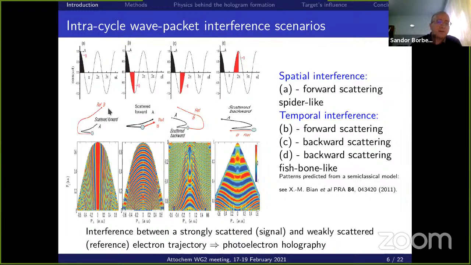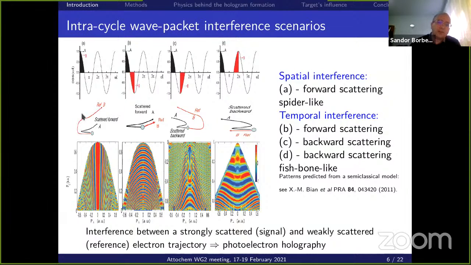In the continuum, these two trajectories may interfere, and this leads to a very nice interference pattern, which in the literature is also called the spider-like hologram.